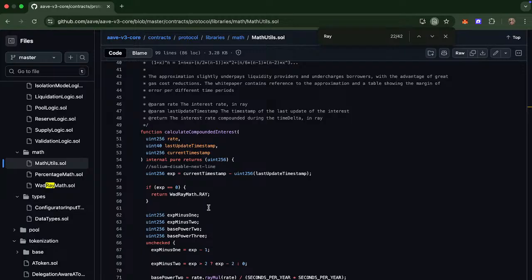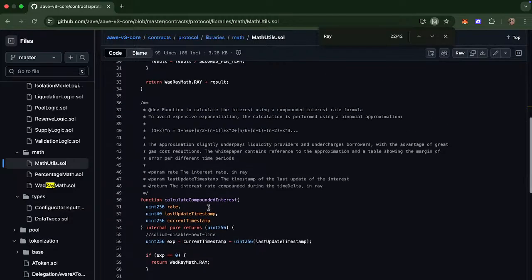So Solium disable next line. I don't get what it is, but let's read here.